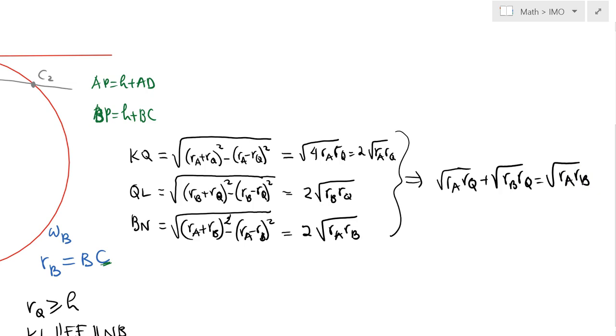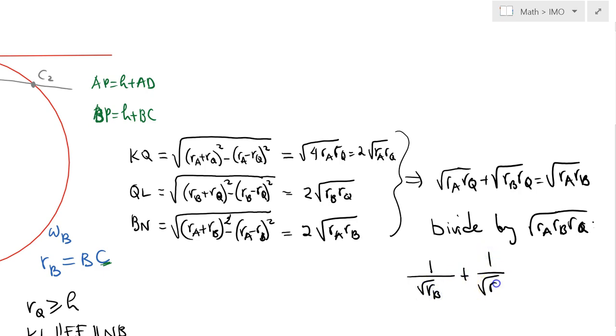Now I can simply divide across the board by the square root of RA RB RQ, so we get 1 over the square root of RB plus 1 over the square root of RA is equal to 1 over the square root of RQ.